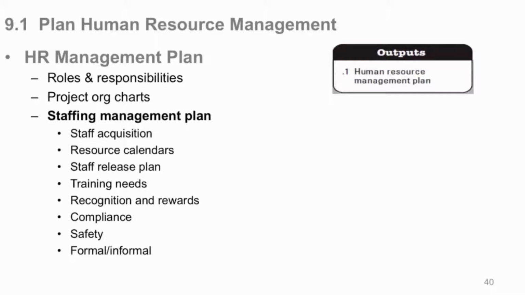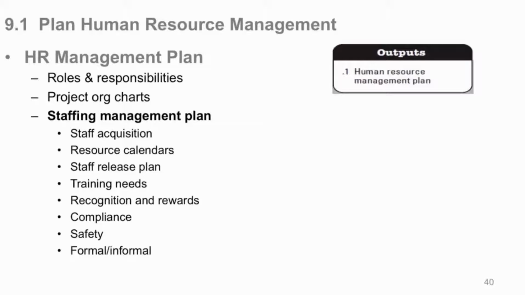Their training needs, we're going to get into that shortly in a few other processes under here. Recognition and rewards is certainly important that you have available to your staff so they know why they're doing some things and how they can be recognized for good work. So you always have to have recognition and rewards to some extent to keep your people motivated and intent on what they're doing.